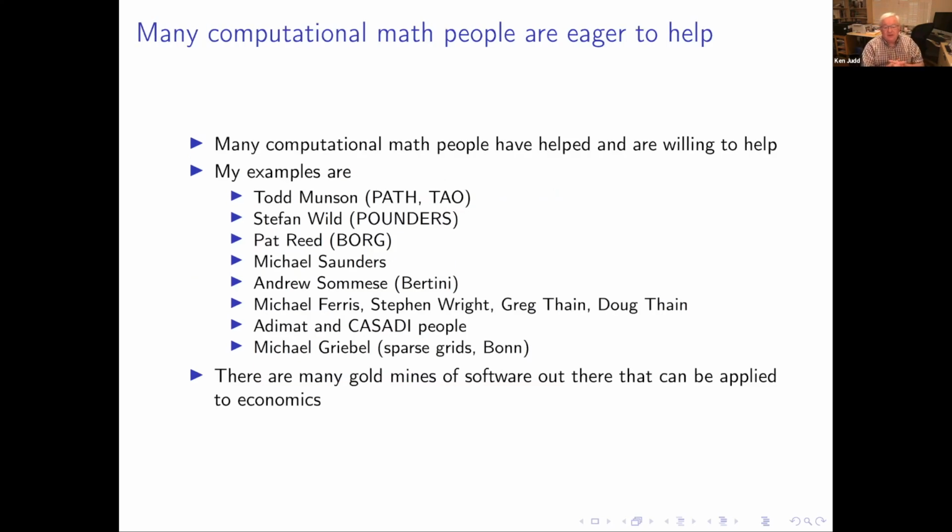Now, the other thing that we have to keep in mind is that if economics is going to progress and take advantage of what's available, it has to build connections with the math people who have the software, who know the computational science.